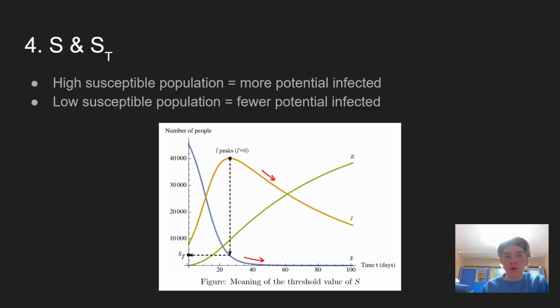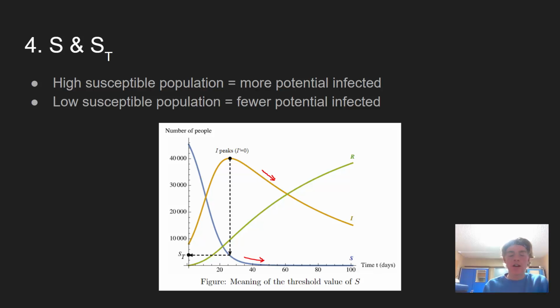Now, for question four, we are asked to examine the relationship between S and S sub t. So you can see that to the left of the I peak, S is greater than S sub t, and to the right of the I peak, S is less than S sub t. And you'll also notice that there's a trend in infection rates.